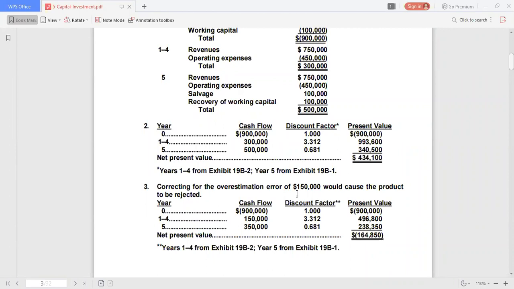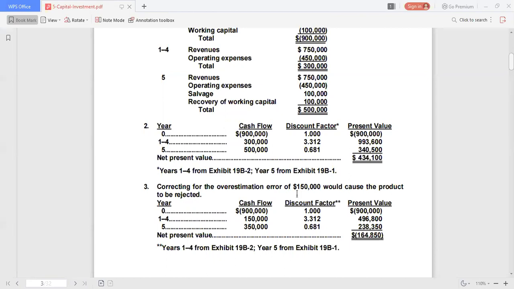So the revenue is 600,000, and the original expected annual revenues of 750,000 minus the annual cash operating expense of 450,000 gives a difference of 300,000.